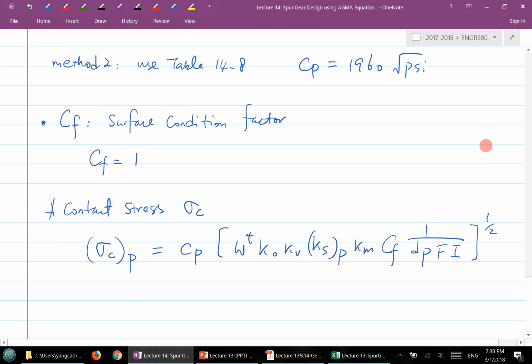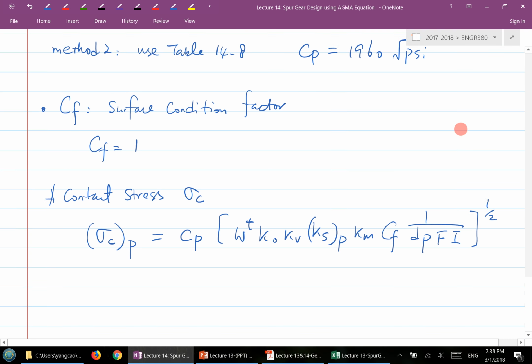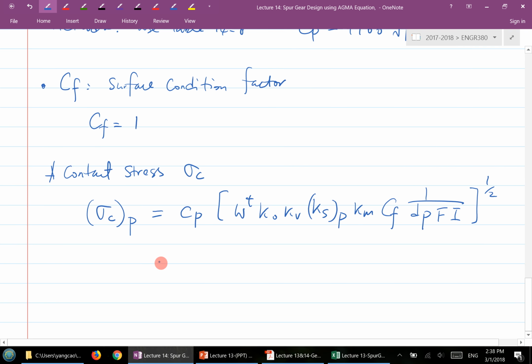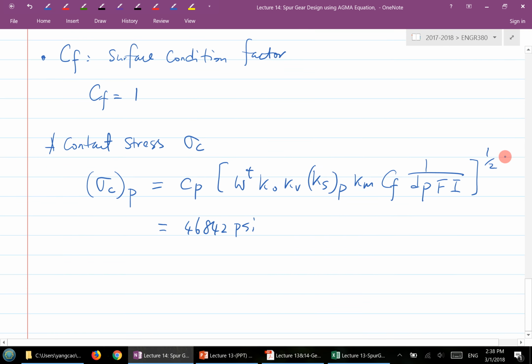Remember, it doesn't matter whether you're calculating the contact stress for the pinion or the gear, this dP is always dP. You don't change it to dG when you calculate for the gear. Substituting everything, you get 46842 psi.